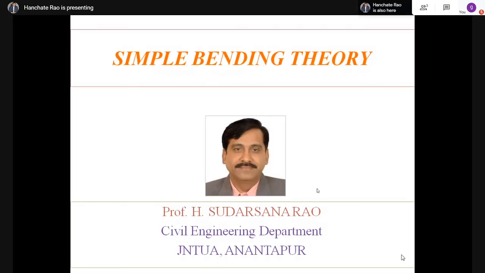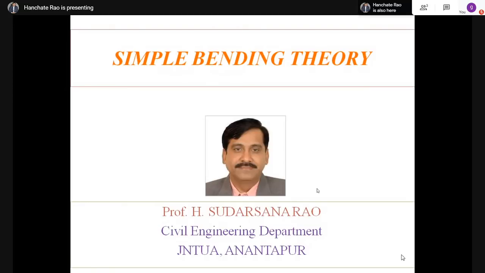Sir, in Poisson's ratio, is there a negative sign or not? So, Mr. Murali Venkat, while explaining Poisson's ratio, we defined it as the ratio of lateral strain to longitudinal strain. For most materials, Poisson's ratio is positive.